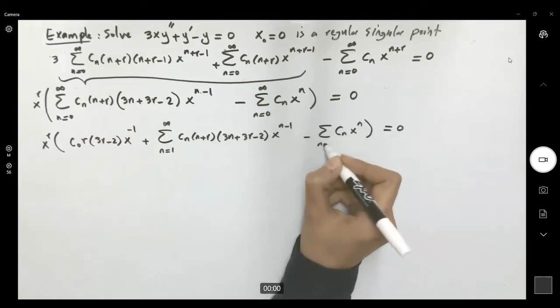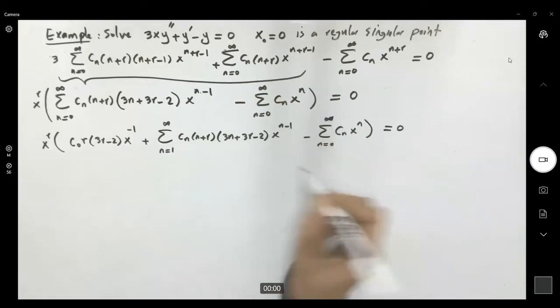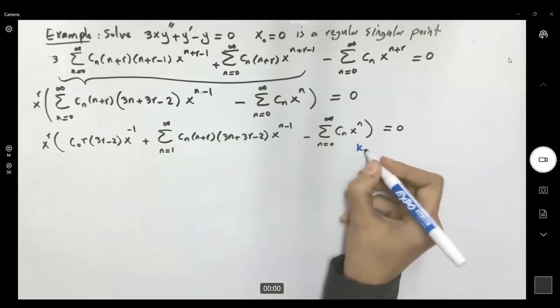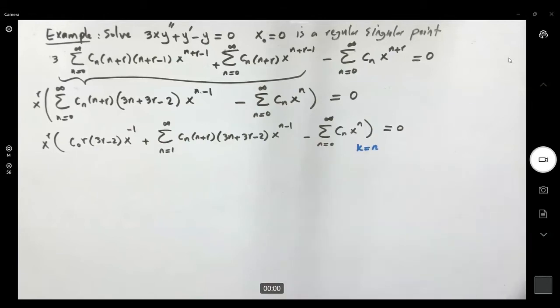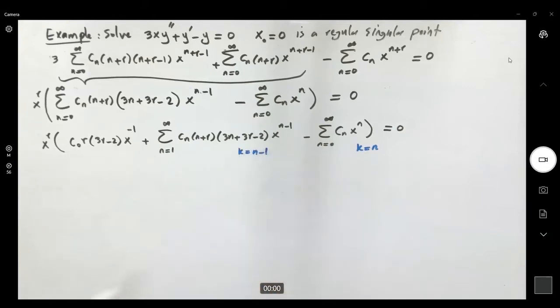On the right hand side, it is 0. Well, if I just make this adjustment, writing, for example, k equals n, and then k equals n minus 1, I can find a nice relation between these coefficients.